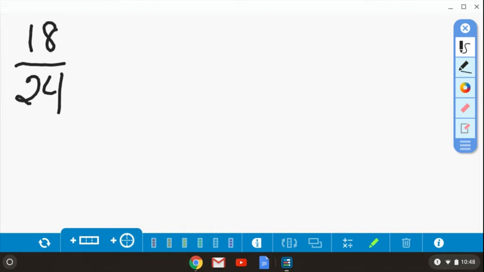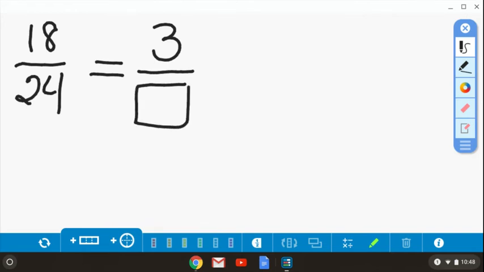All right, so here, it's always a little bit tricky. This is why knowing those multiplication facts is so important. So let's say this is our problem, and we're looking for the denominator, the bottom number here. We have to think about, how does 18 become 3, or how does 3 become 18?